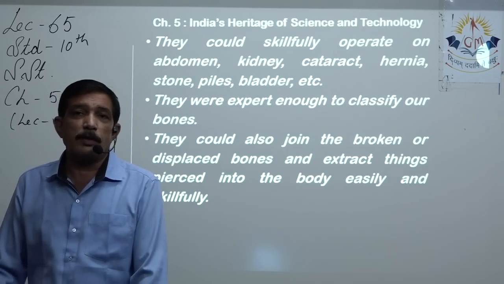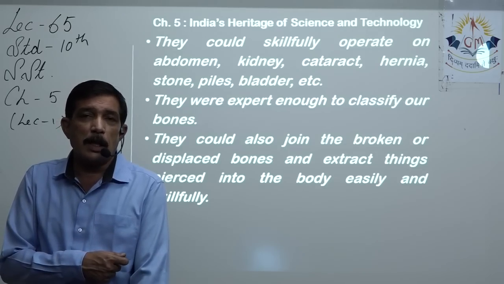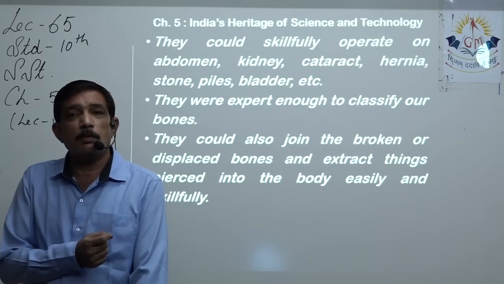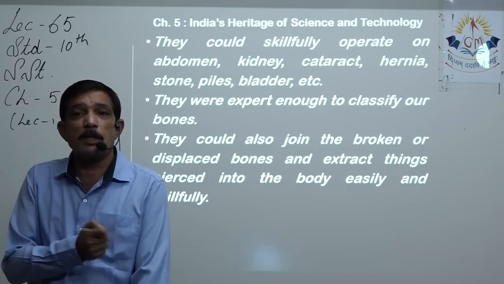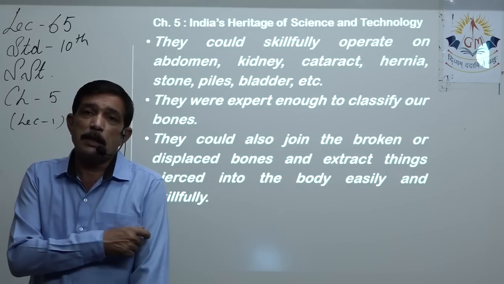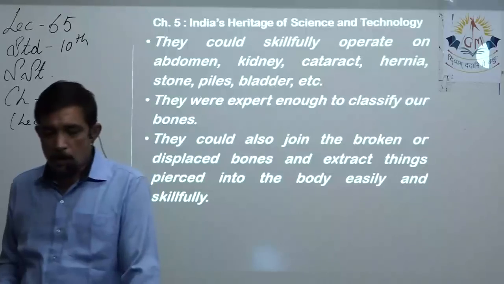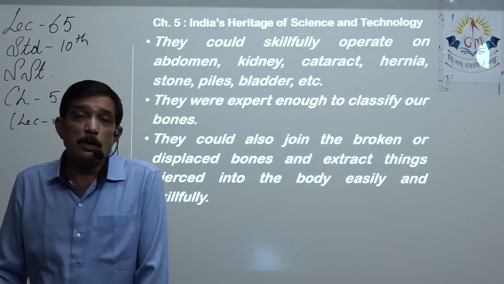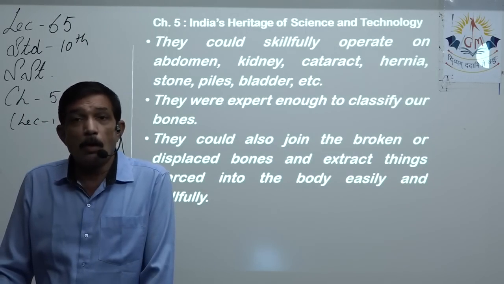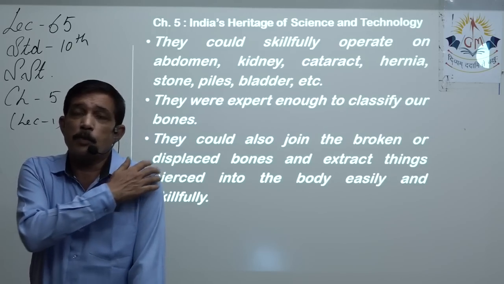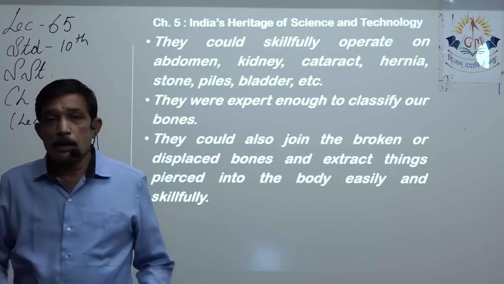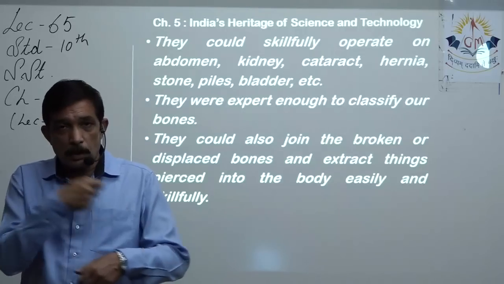Lots of things got pierced inside, right? And the remnants of those pieces had to be plucked out from the body. So they could easily join the broken bones, or the bones that are displaced from the joints, and extract foreign bodies that got stuck.